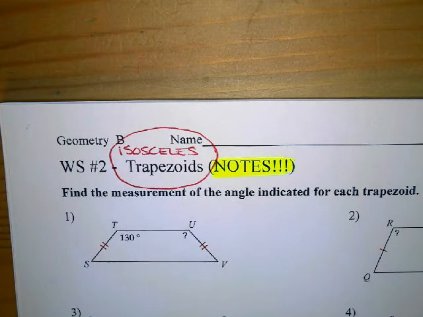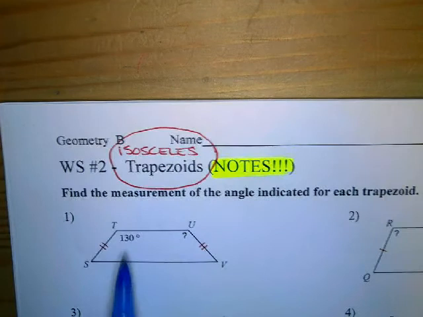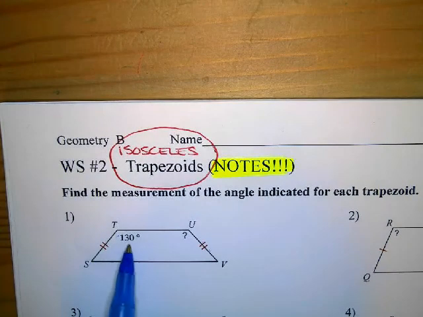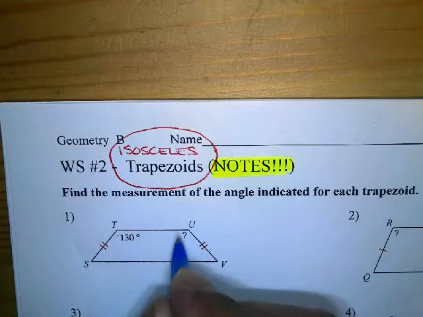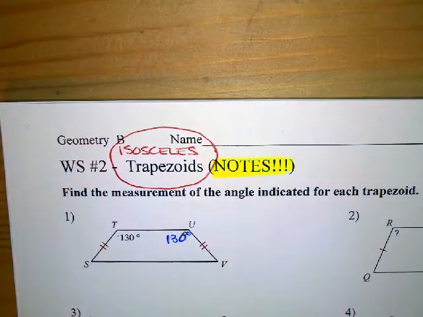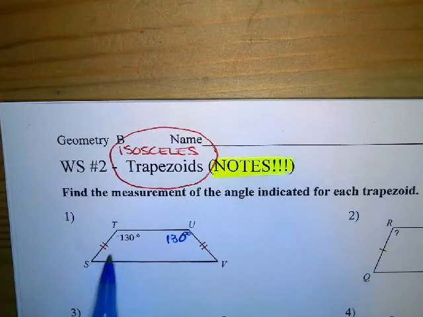Okay, so on this assignment, it's only going to ask you for one, but honestly, you should be able to find all of them. So if these sides are congruent, then the base angles are congruent. So that's 130. This one's 130.